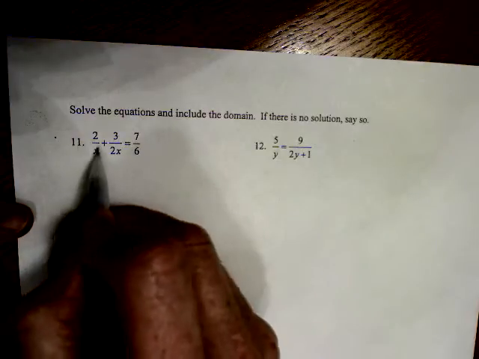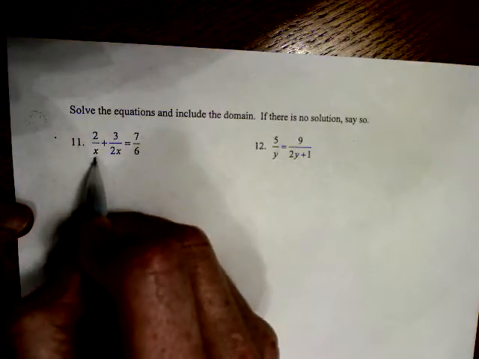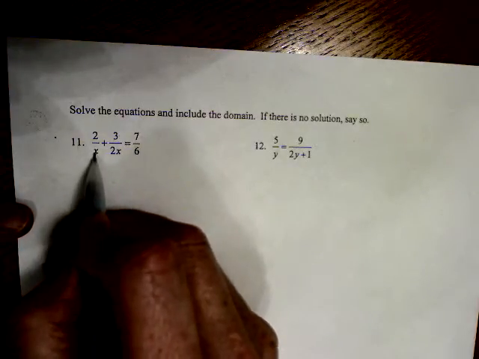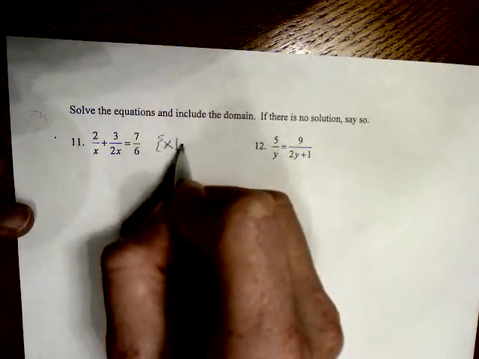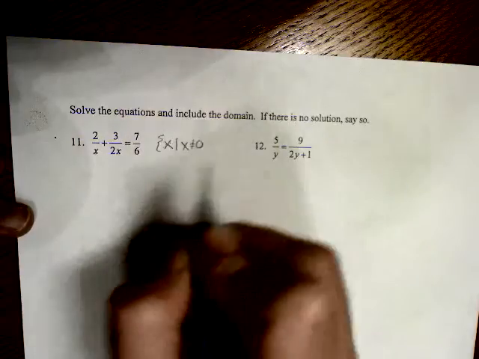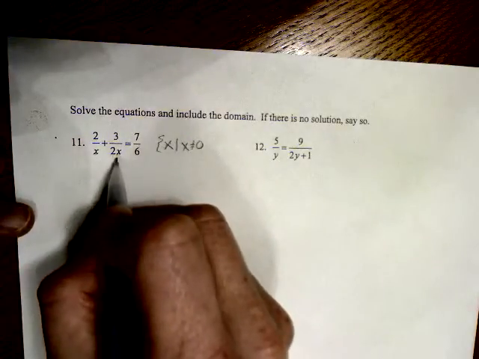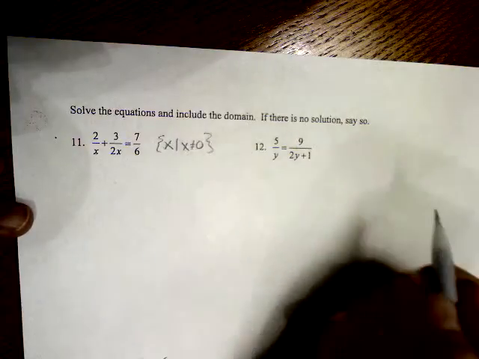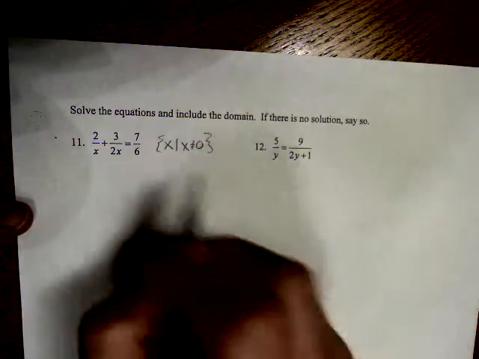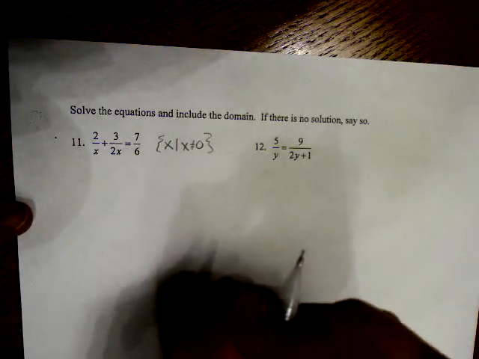So if we take this denominator, just x, the only number that would make this 0 is 0. So our domain is going to be x's such that x cannot equal 0. And this one also cannot equal 0 because 2 times 0 is 0. So the only restriction on our domain for this problem is x cannot equal 0.